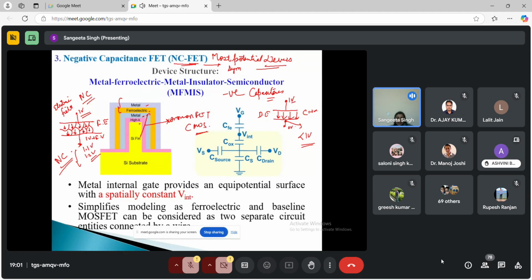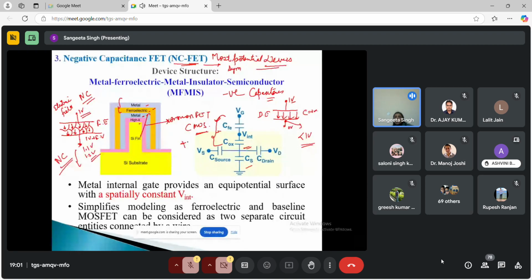And this particular idea is used to improve the MOSFET behavior. This particular kind of MOSFET is called NC-FET. So this is the silicon capacitor, this is the oxide capacitance, and now above this oxide you are also using a ferroelectric material. So this is the capacitance because of the ferroelectric material, and the net system capacitance will be this ferroelectric capacitance plus the oxide capacitance.